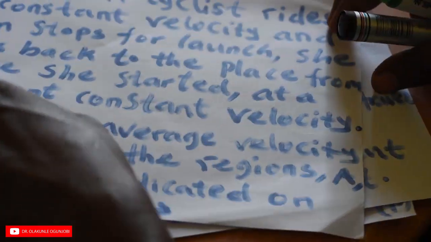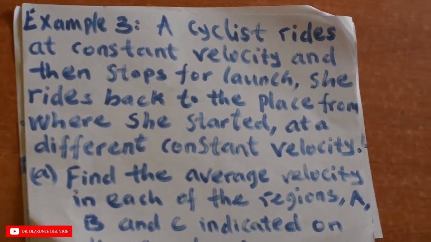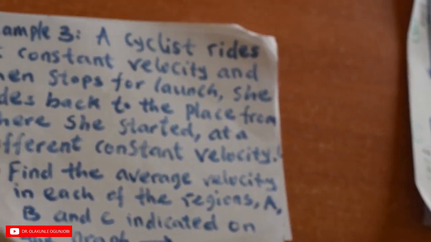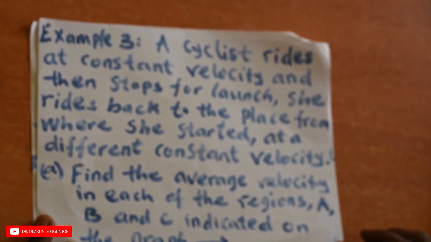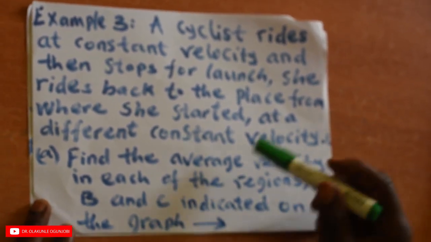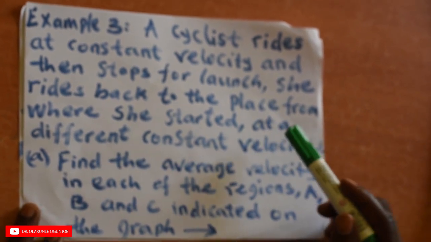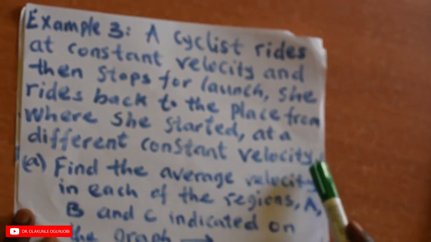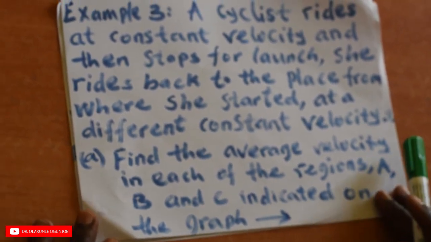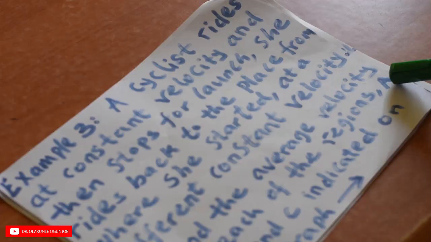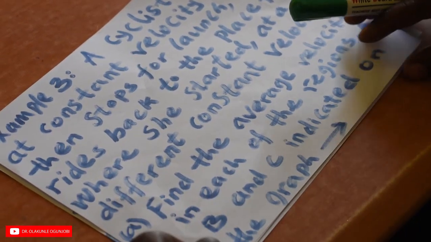Another example: a cyclist rides at constant velocity and then stops for lunch. She rides back to the place from where she started at a different constant velocity. So you have to find the average velocity in each of the regions, A, B, and C, as indicated on the graph.